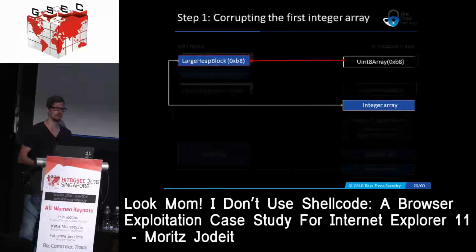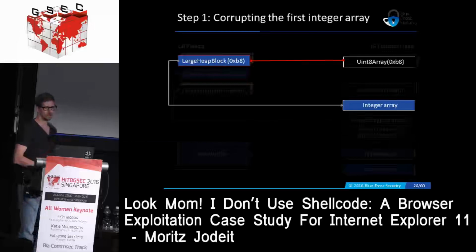So the first step in the exploit is to actually corrupt the first integer array, this one here. So how do we do that? So we have the typed array here, which allows us to read and write the large heap block object. So as I said before, there's this data pointer pointing to the CRT heap, which in this case points to the integer array.